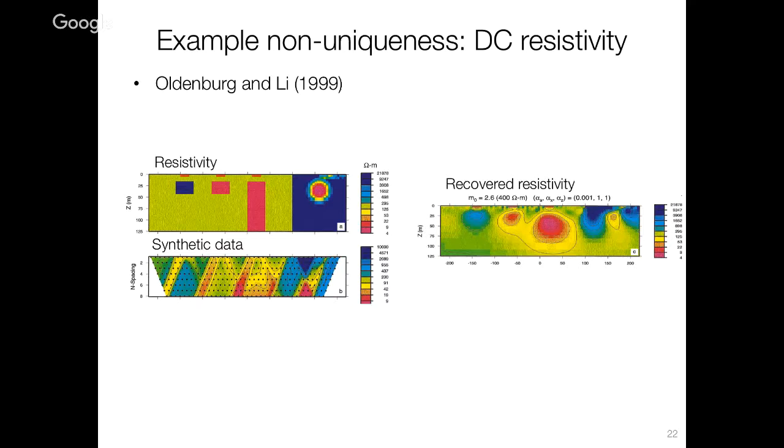One of them was whether we could distinguish, for instance, that this conductor went all the way down to depth, or was it truncated? And also, could you distinguish between resistive and conductive bodies?